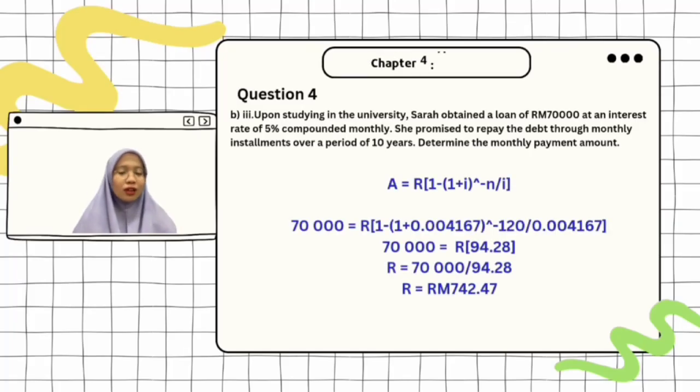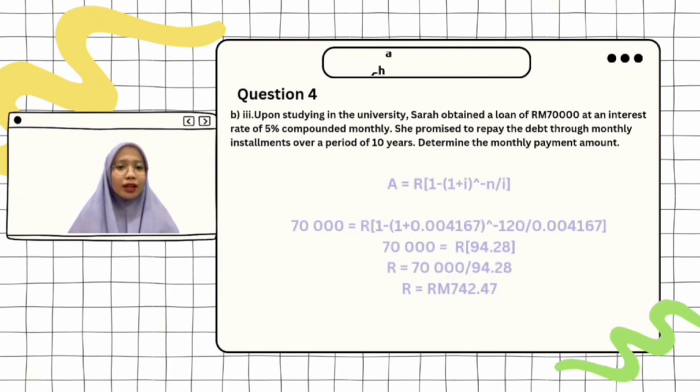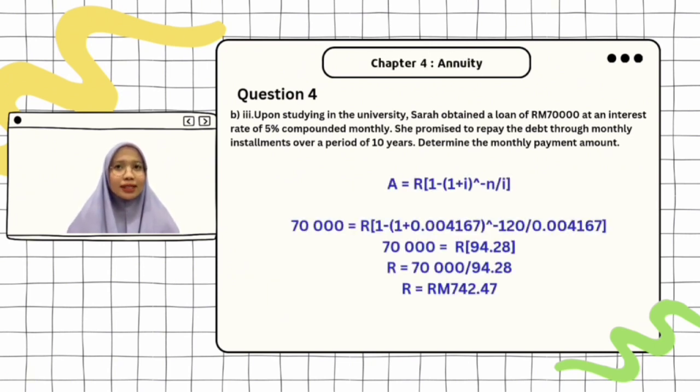The last question. Upon studying at the university, Sarah obtained a loan of 17,000 ringgit at an interest rate of 5% compounded monthly. She promised to repay the debt through monthly installments for 10 years. Determine the monthly payment amount. For this question, we use the formula A equal to R bracket 1 minus 1 plus i to the power of negative n, divided by i.